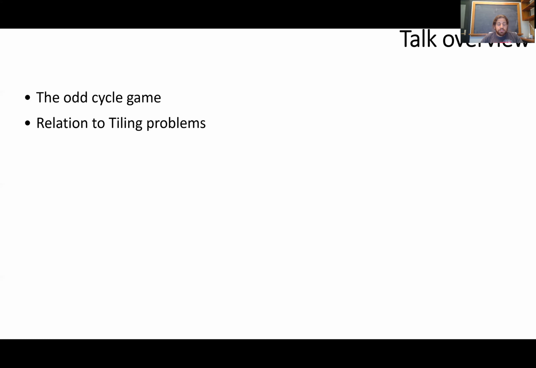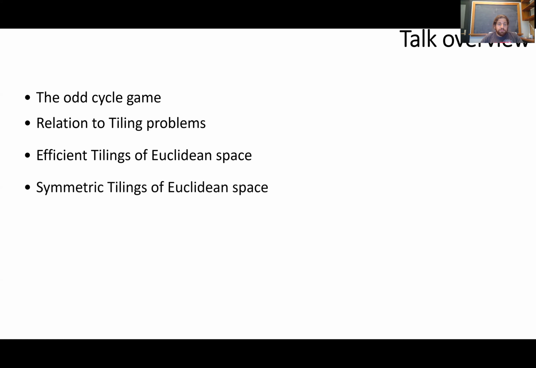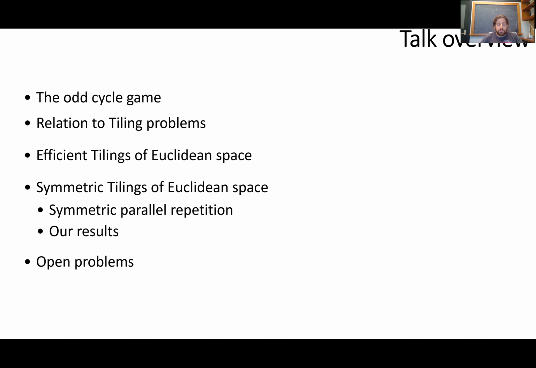I'm going to tell you relations of this problem to tiling problems, as well as variations on parallel repetition. And then I'm going to tell you how efficient tilings relate to good strategies in this game. And finally, I'm going to tell you about symmetric parallel repetition and our results. And in the end, I'm going to mention some open problems that we think are interesting.